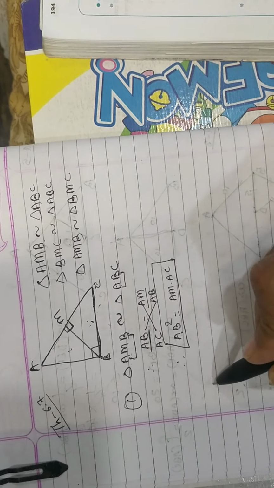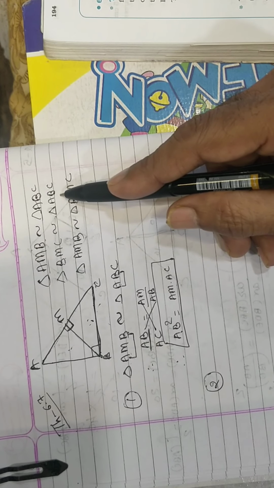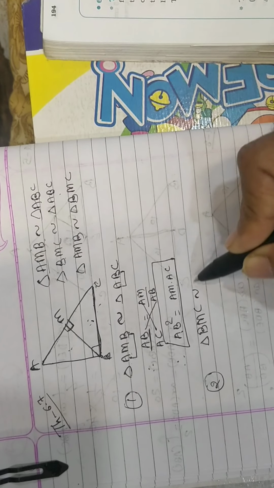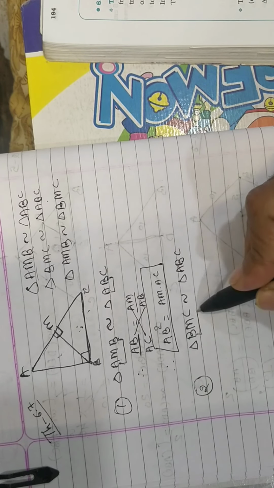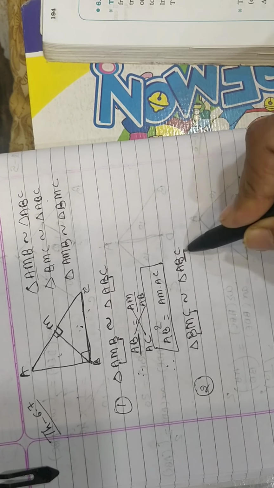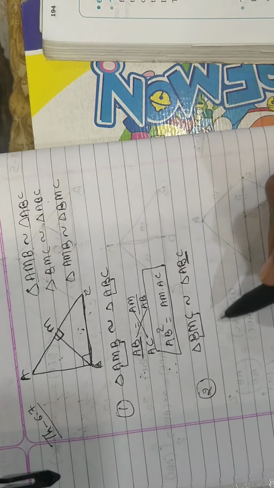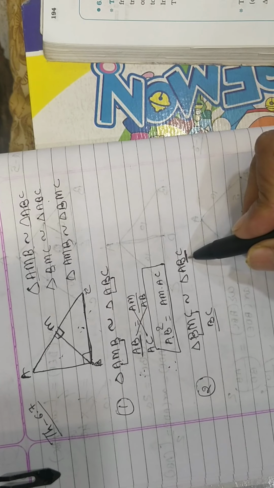Second, triangle BMC is similar to triangle ABC. Here in these two triangles, BC is the same alphabet, so these two triangles are similar. That means the corresponding sides ratio will be the same.